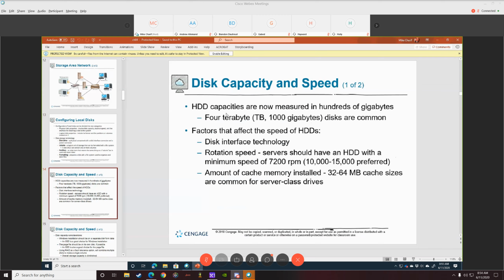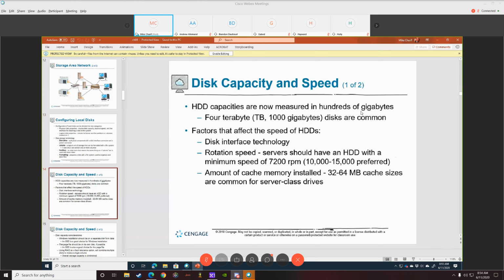They talk about capacity. We measure in hundreds of gigabytes, which, if you asked that question 20 years ago, we would have said no, not gigabytes, megabytes. But now we talk about gigabytes, especially if you deal with SSD. If you're not dealing with SSD, you say terabytes.